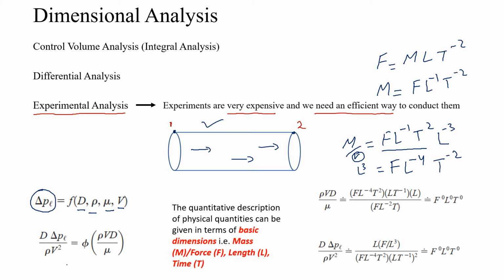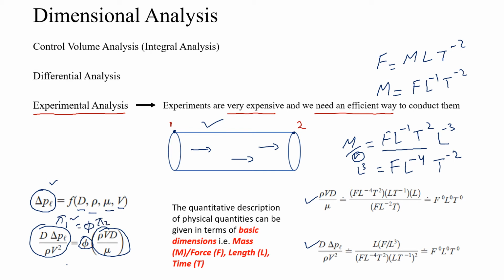We combined these 5 variables into 2 terms, this term and this term right here, and these terms are dimensionless, as we can see from here. So we combine our key variables into dimensionless terms and equate them with the help of a constant. Instead of having 5 variables, we have reduced them to 2 terms, that is pi 1 is equal to pi 2.